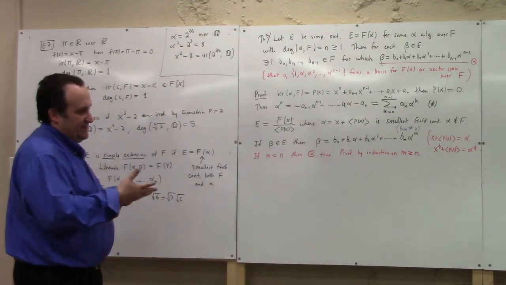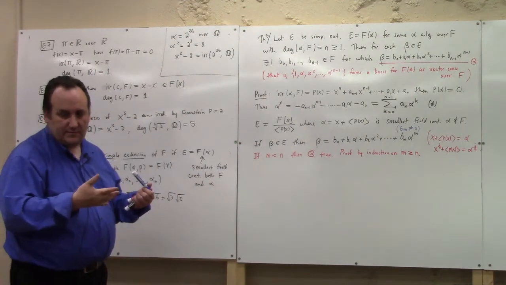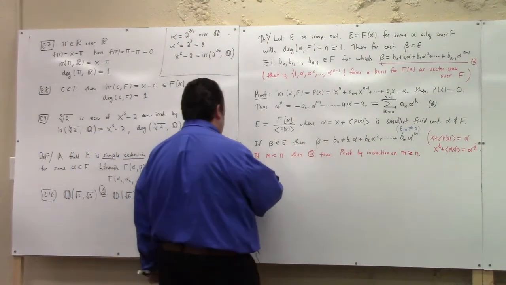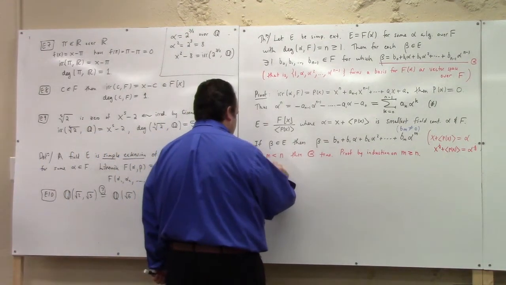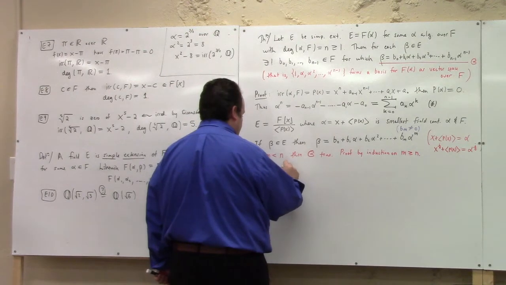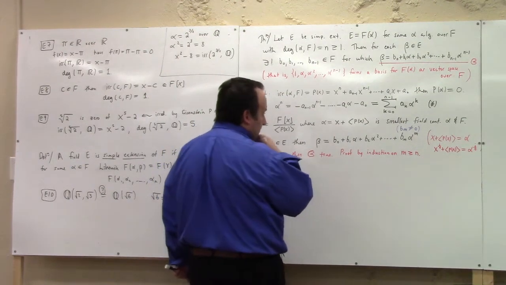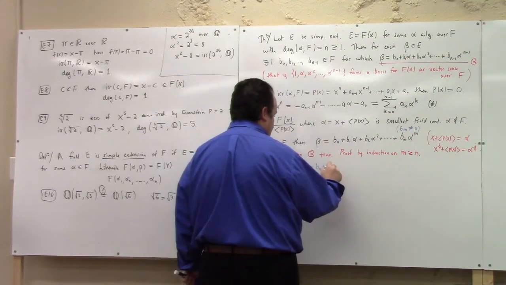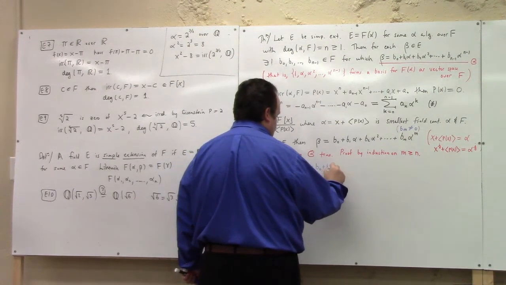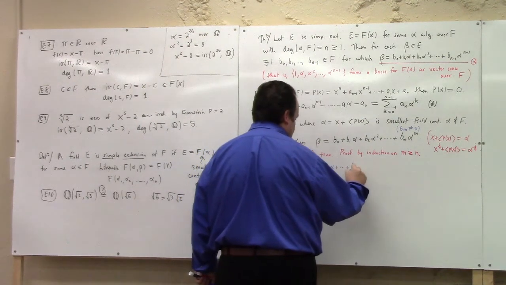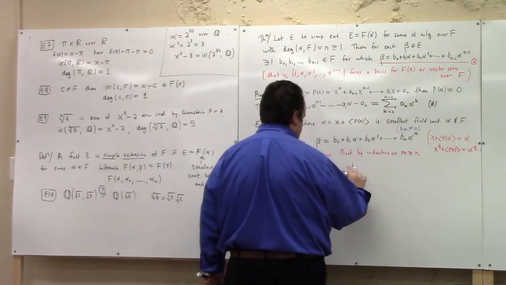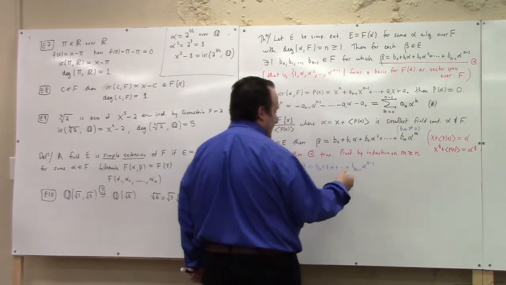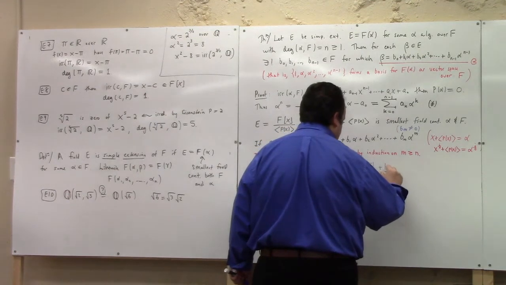So what's the base case? The base case would be m equal to n, right? So if m equals n, then we have beta equals b_0 plus b_1 alpha plus and so on, plus b_{n-1} alpha to the n minus 1, plus b_m times what?